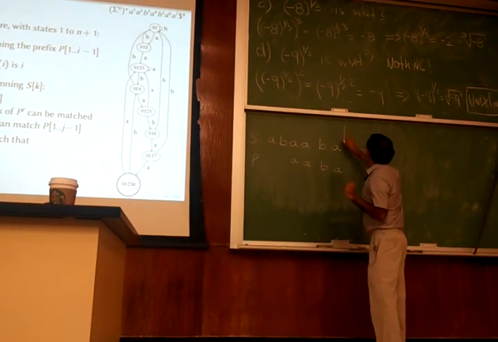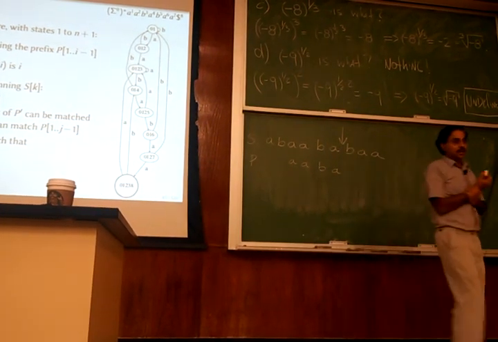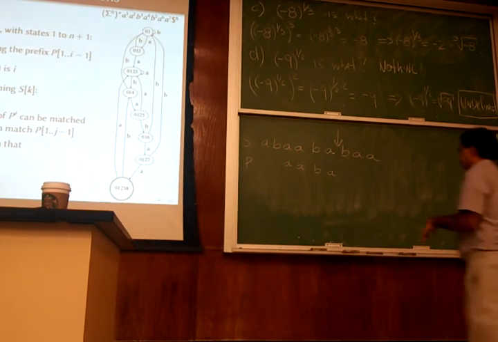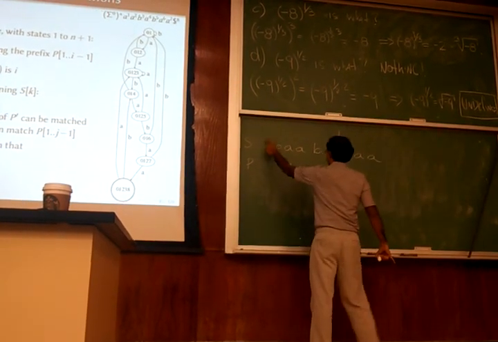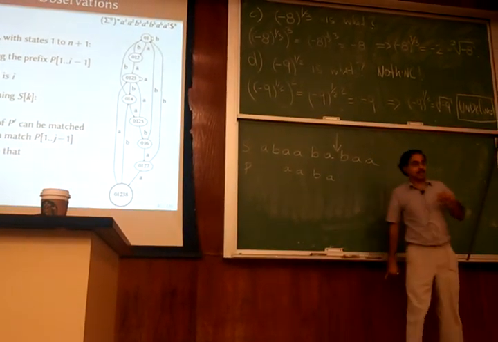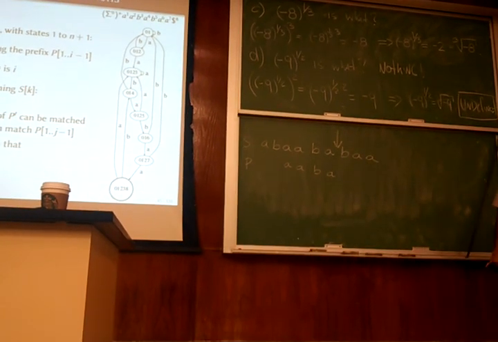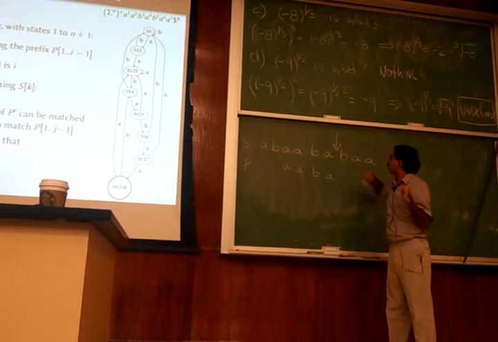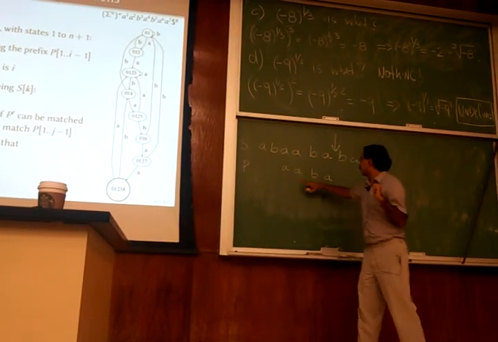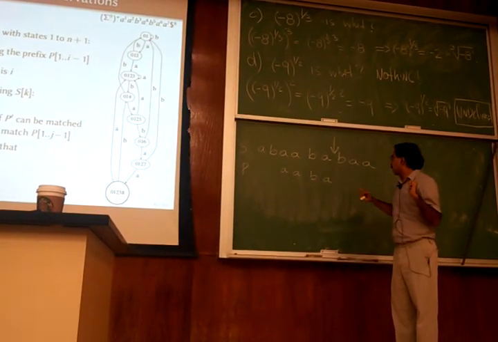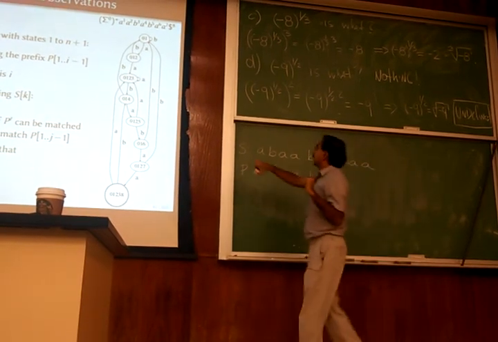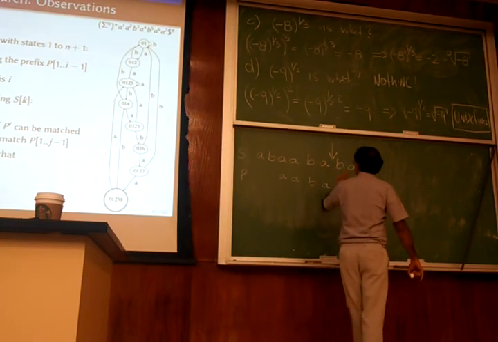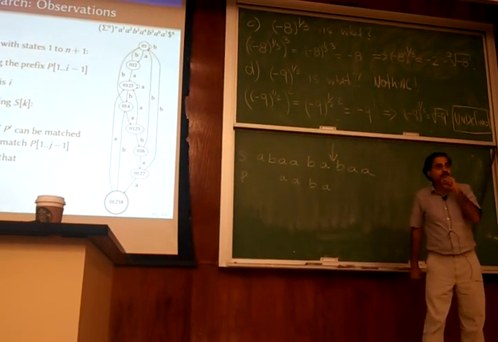So this is how far we have gone on the subject string. If you think about how the matching is going to go, you're going to start from here and then scan the symbols in the subject string one by one. So let's consider the instance where the cursor is here, and at this point you will be in this state, because you can see that AABA is going to put you in that state.